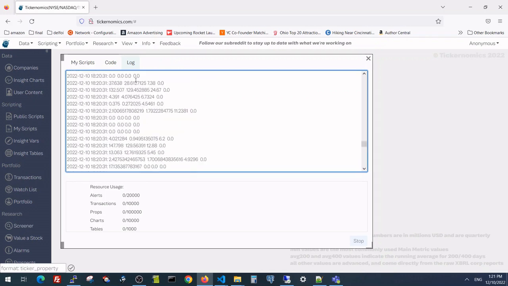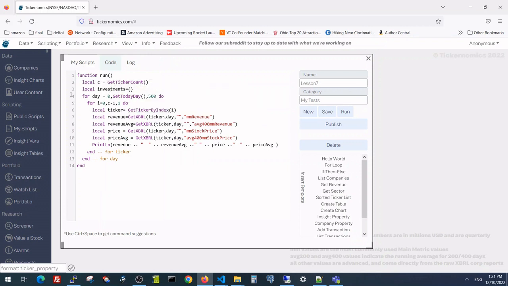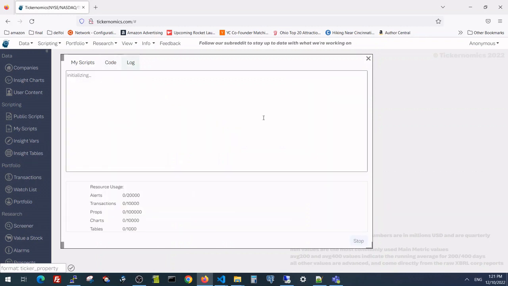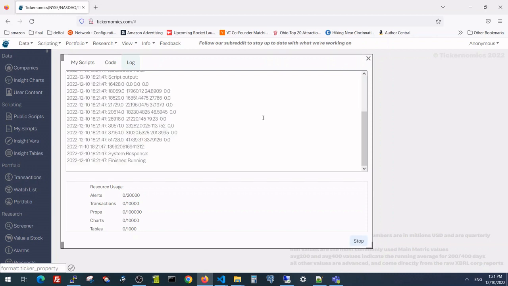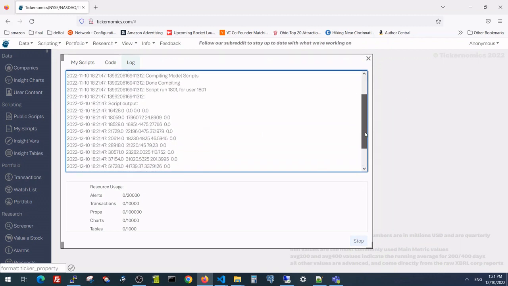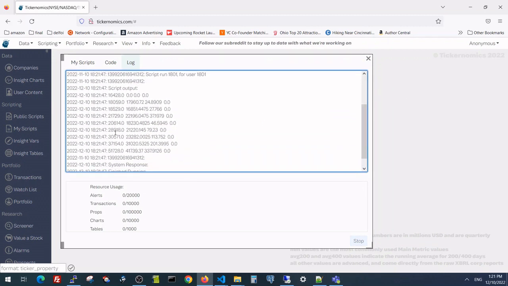I'm not sure if I'm seeing good numbers, so let's do just one company for now, Microsoft. Okay, so revenue grows, this is earning average.